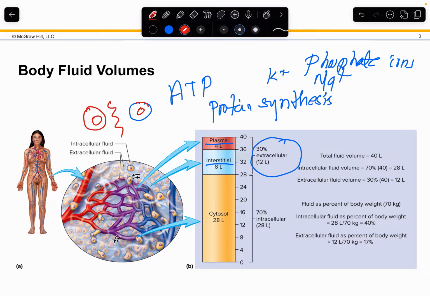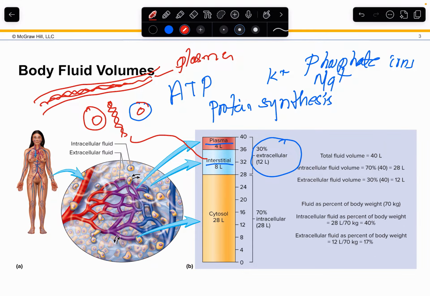Extracellular space. Also, if blood vessels are going through, there is fluid inside the blood. Blood has plasma. Plasma is the fluid part of the blood. So anything outside the cell is called extracellular space, where the extracellular fluid is located. Here is plasma, then here is interstitial fluid.